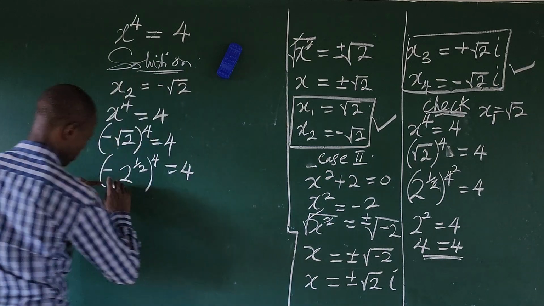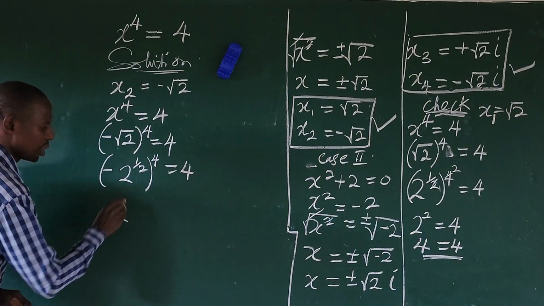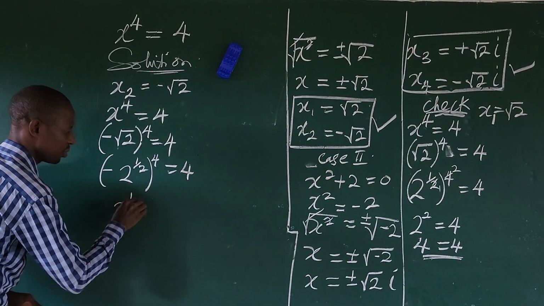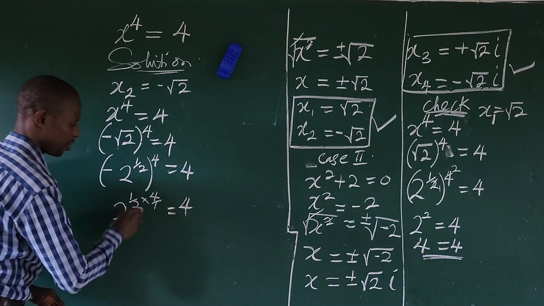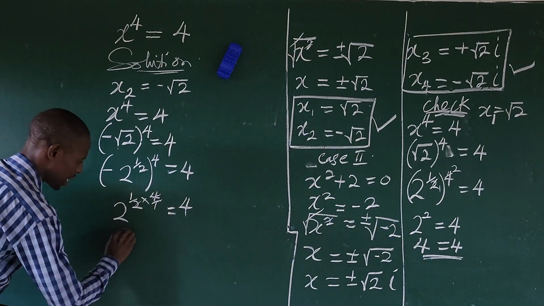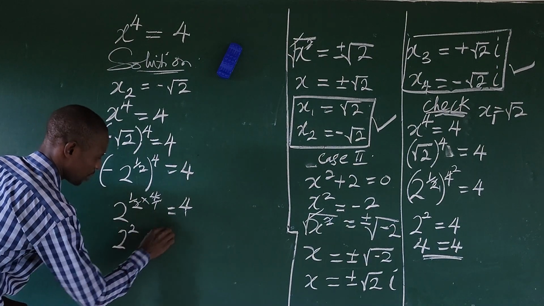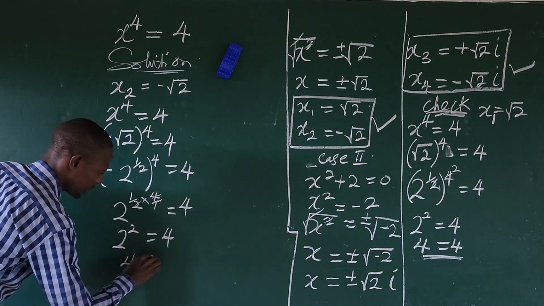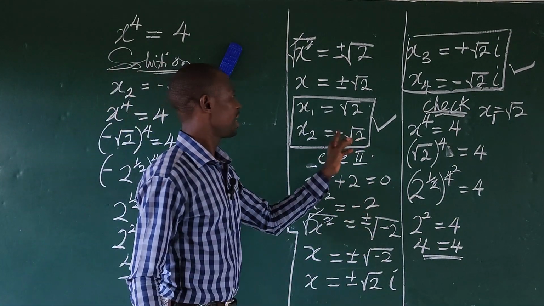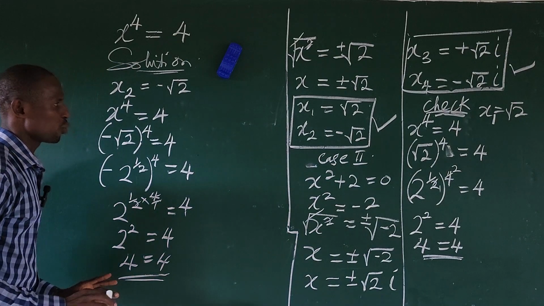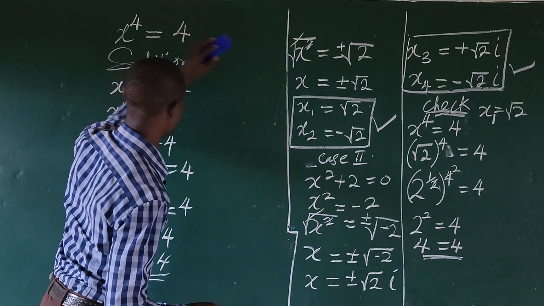Then we have 2 to the power of 1 over 2, times 4 over 1, which equals 4. So we have 2 to the power of 2 equals 4. So we have 4 equal to 4. This also shows that the answer minus root 2 satisfies the original equation.